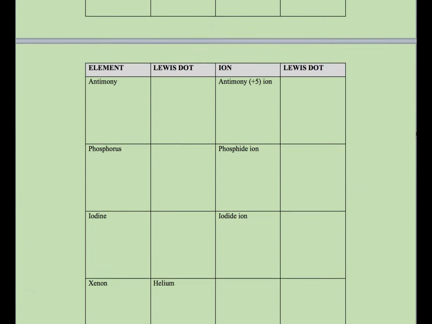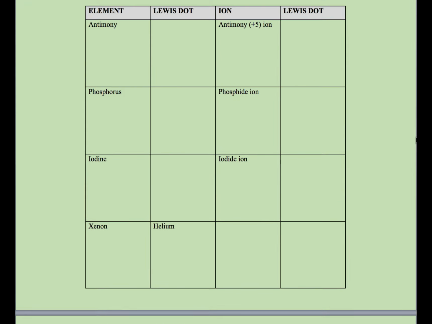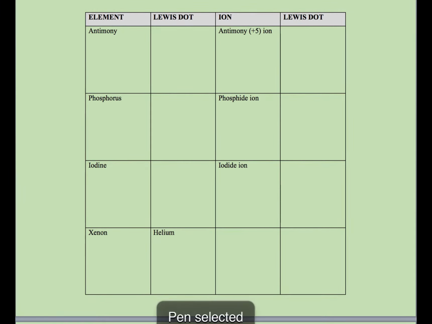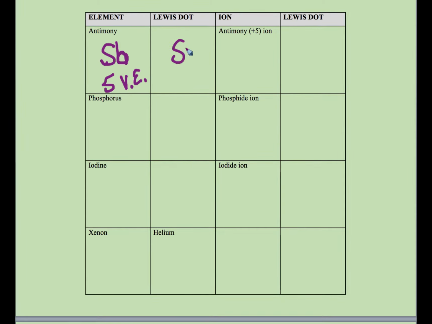Okay, just a few more, and I think this will be clear for you. And then we'll see how we make formula units with these ions. So antimony is a metalloid, and it has 5 valence electrons. It can actually gain or lose, and so its Lewis dot is 1. Envision a square, if you would, around the element.